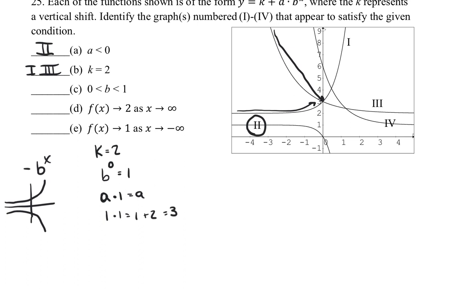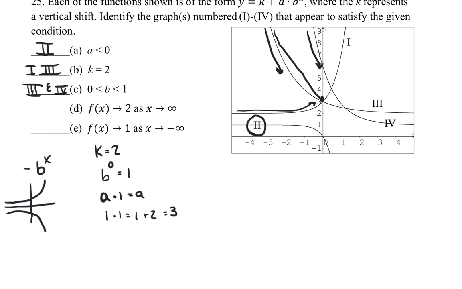So the next one, B is in between 0 and 1. When B is in between 0 and 1, I know I have decaying graphs, which I do have 2 decaying graphs. I have this one, number 3, and this one, number 4. So 3 and 4.